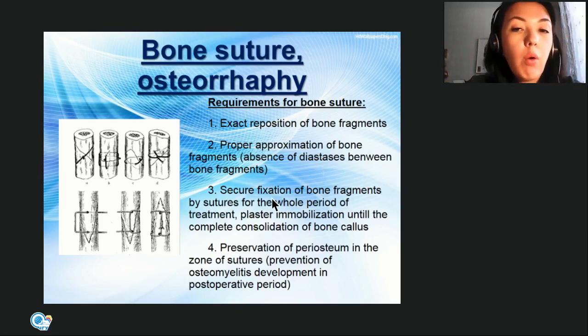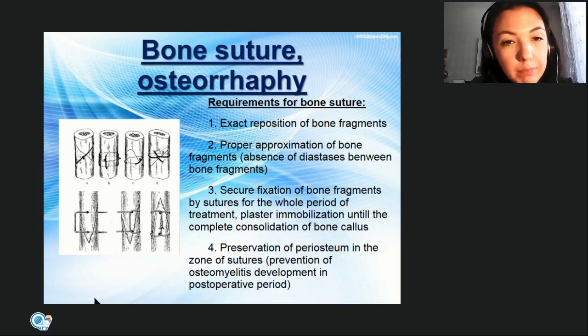Secure fixation of bone fragments by sutures for the whole period of treatment, plaster or gypsum immobilization until the complete consolidation of bone callus. Preservation of periosteum in the zone of sutures, prevention of osteomyelitis development in the postoperative period. One of the reasons of osteomyelitis is an impaired blood supply, so that's why we should preserve periosteum to prevent development of osteomyelitis.